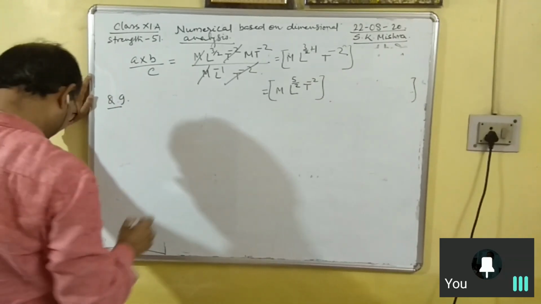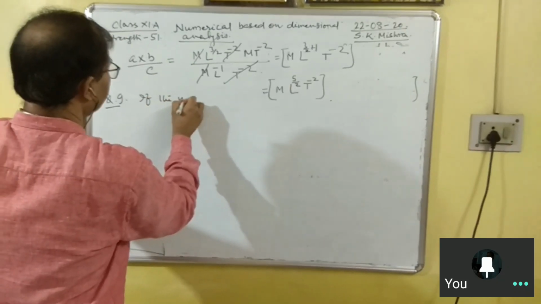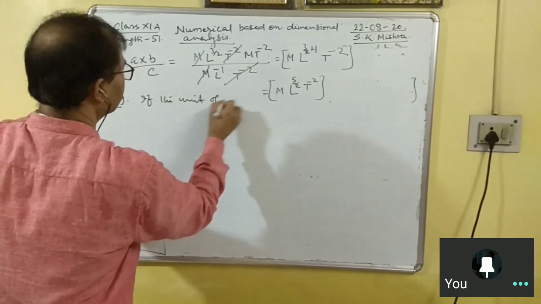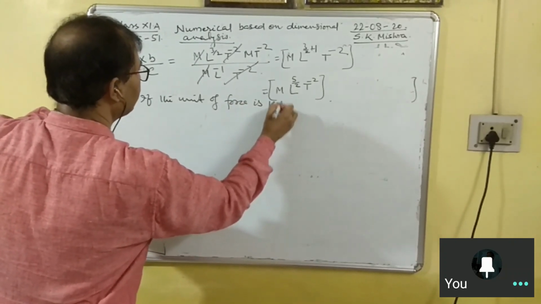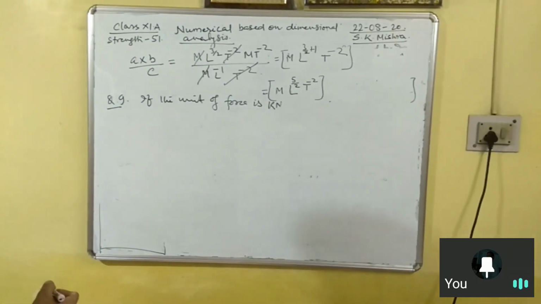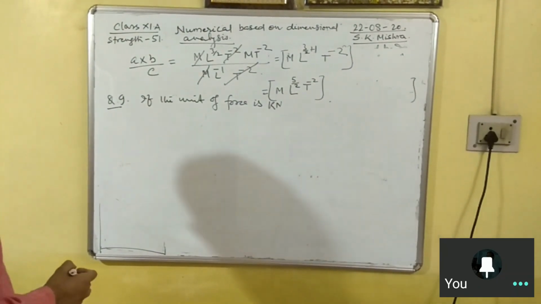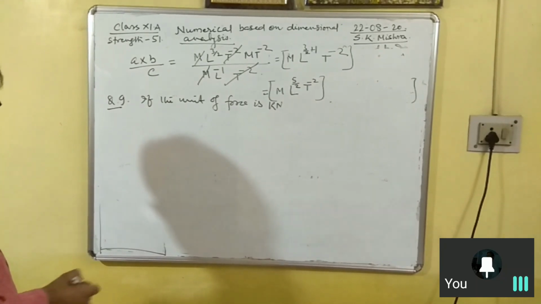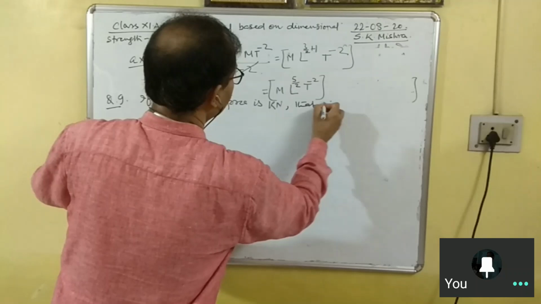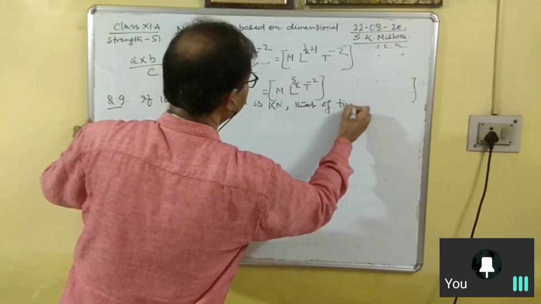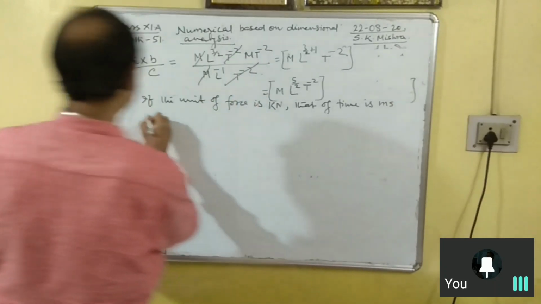So the question is, if the unit of force is 1 kilonewton, that of time is millisecond. So should I write in bracket?